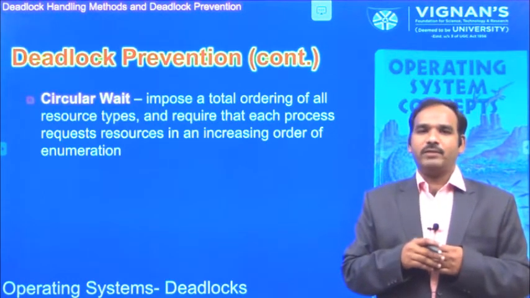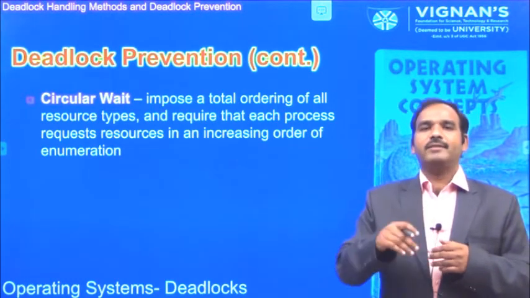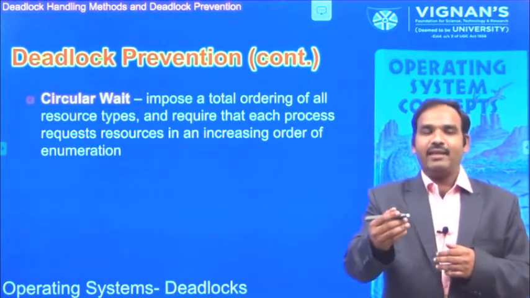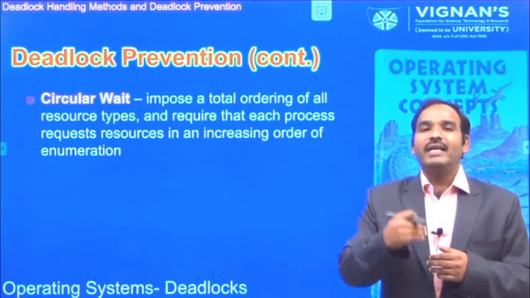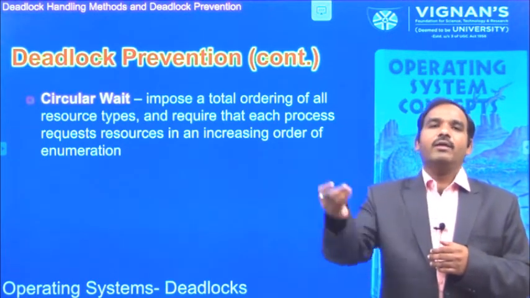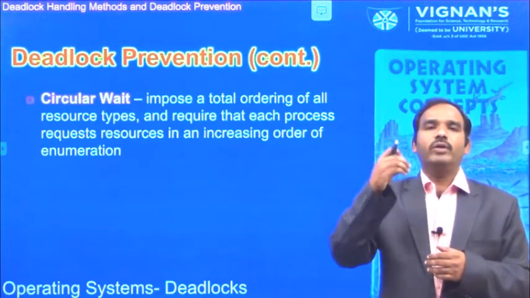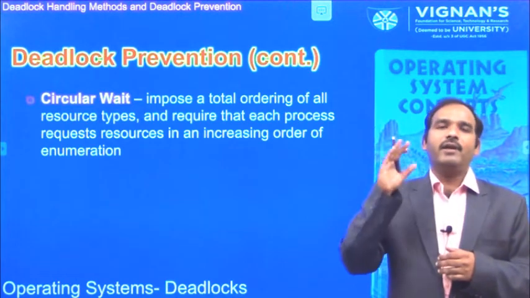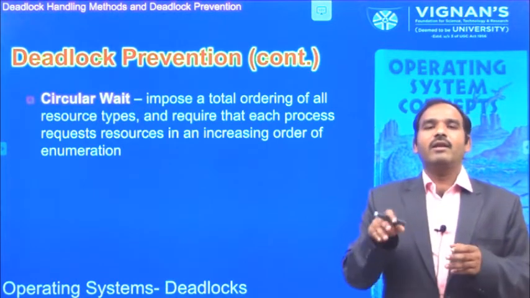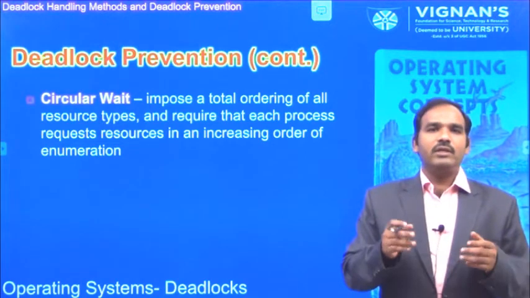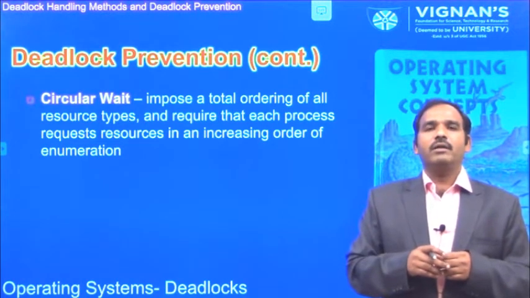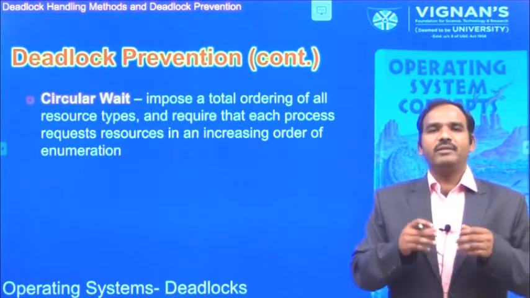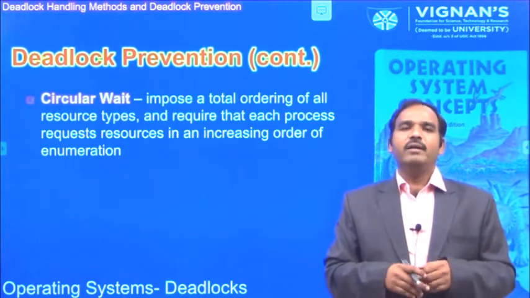So every process must request a new resource that is greater than the resource already allocated to it. If you follow this condition, definitely we can break the circular wait condition in the system. So this is possible to implement in the system.